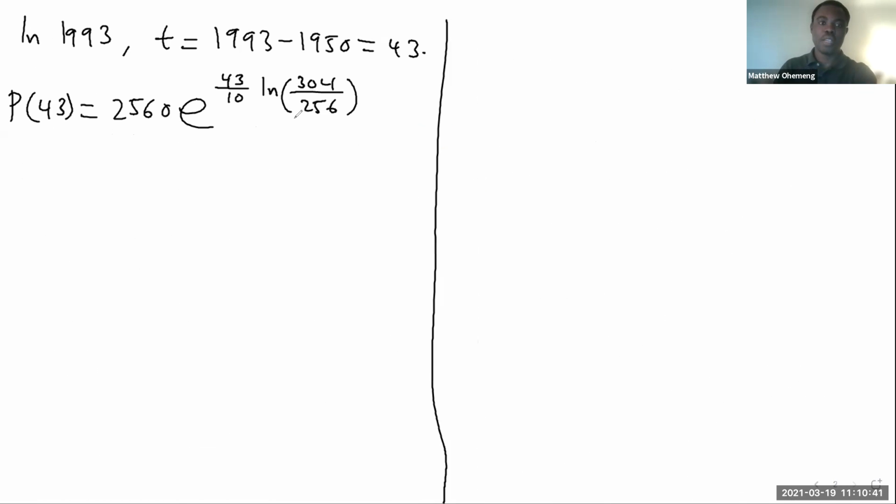And then you just plug it in your calculator and you get your estimate. Since you have to use a calculator to compute some of these values, I will not be testing you on this on the exam, right? So that one is approximately 5360 million.